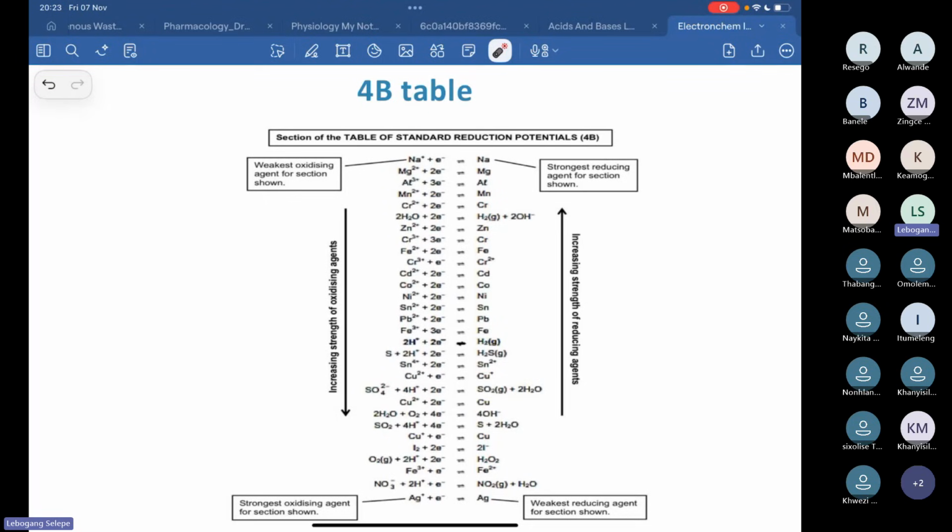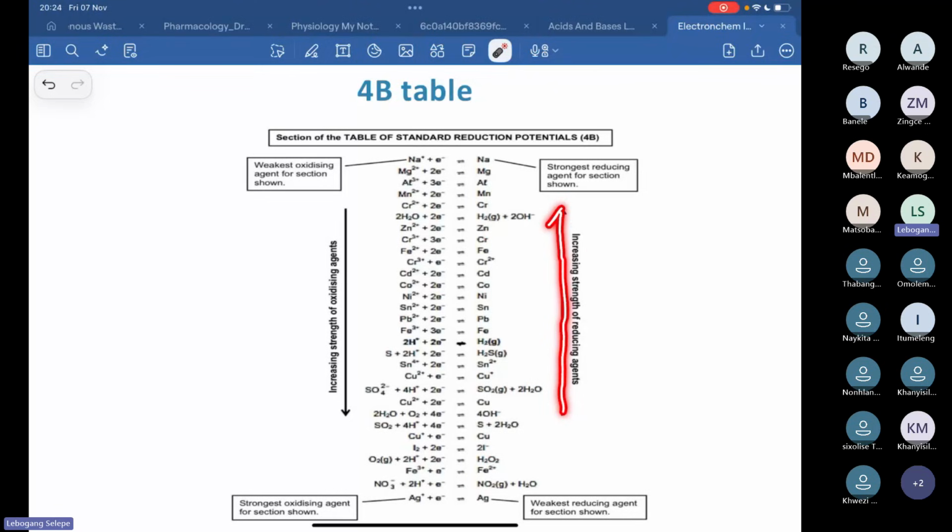So here, guys, can you see the arrows here, the equal signs here? On this side of the table, we have substances that donate electrons, which are reducing agents. As you can see, the arrow is pointing up.